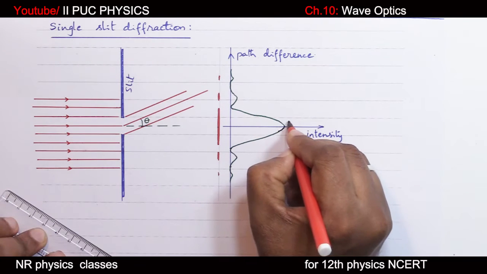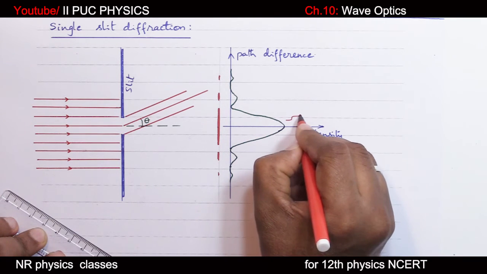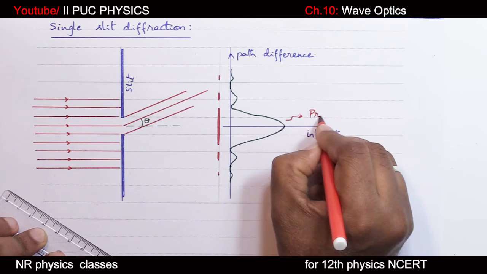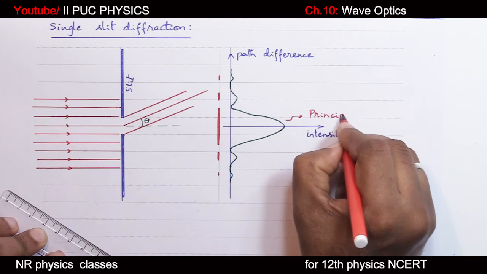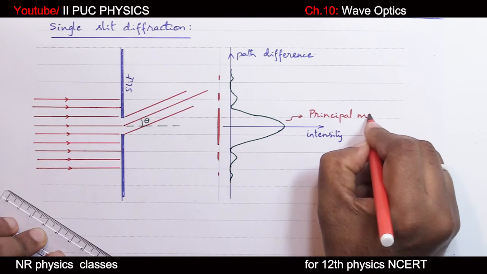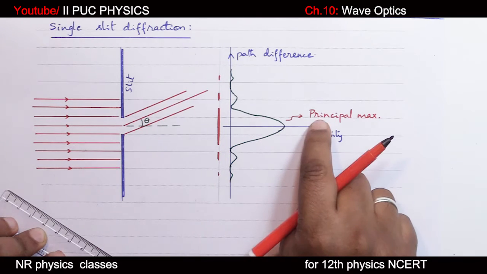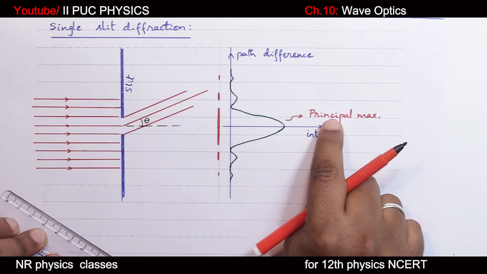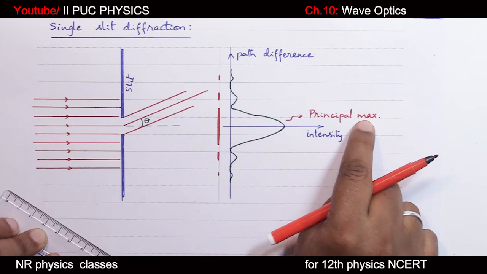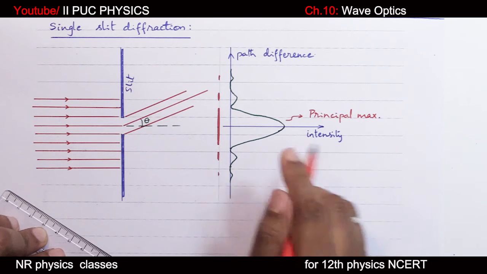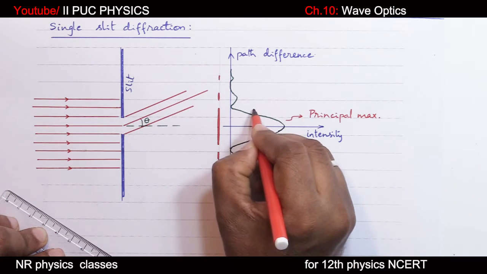This central one is called the principal maximum. Principal maximum. Like college principal, principal main, principal maximum. And this is called the first minimum.